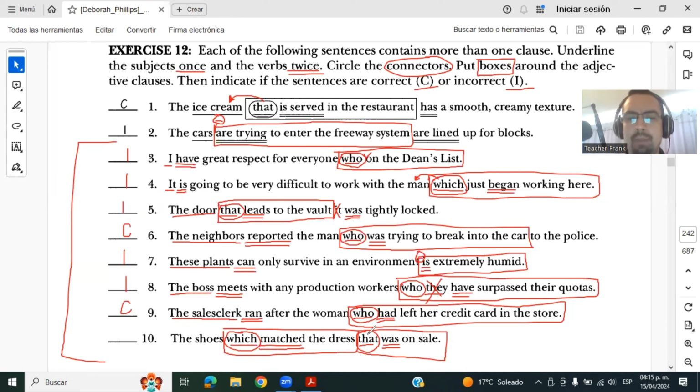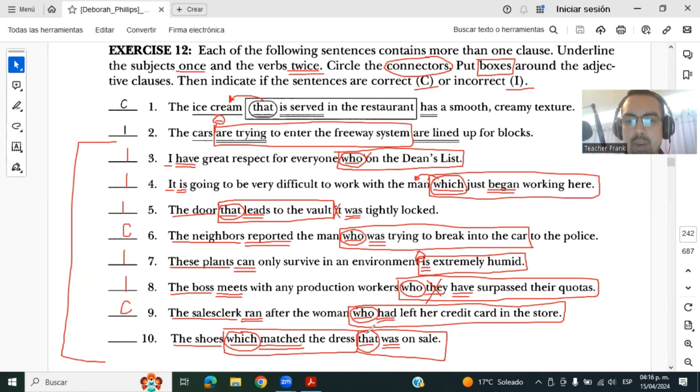"that was on sale." The problem here is that we have a subject, the shoes, and we have 2 connectors and 3 subjects. Well, that's almost correct, but here it says "that was on sale" or "are on sale."